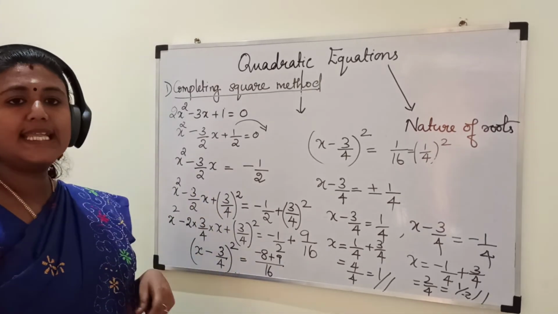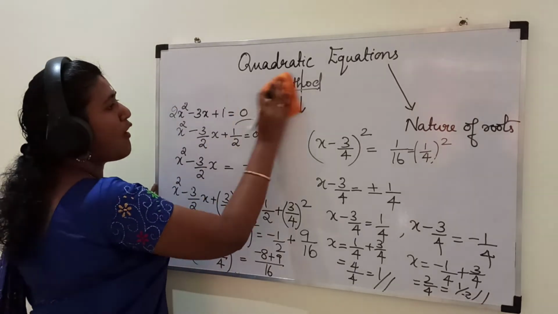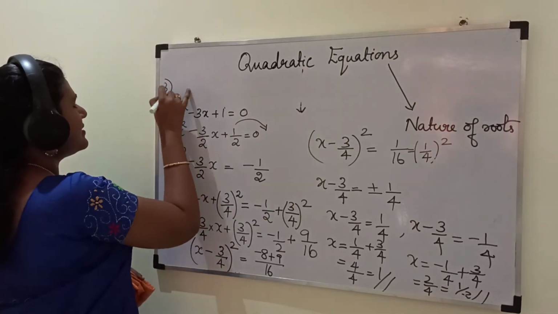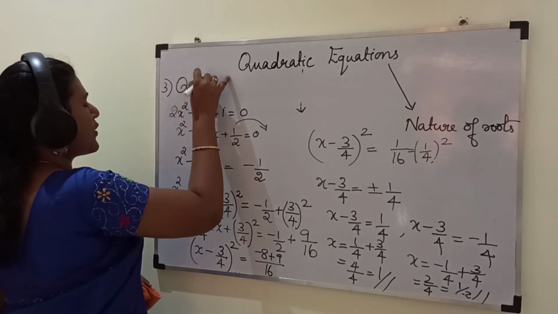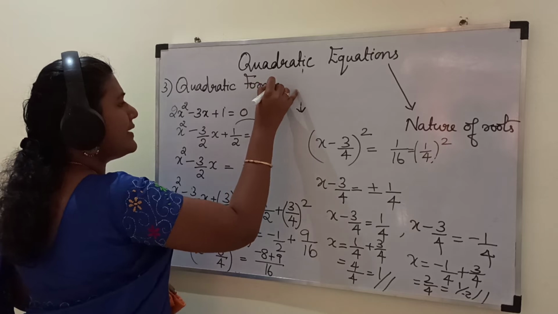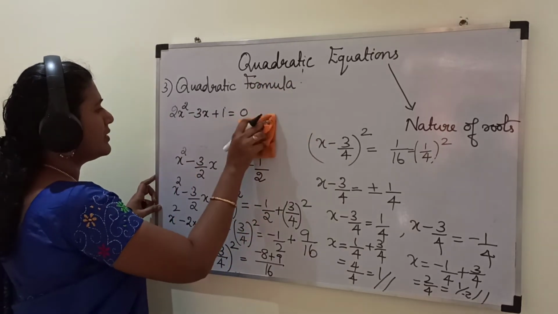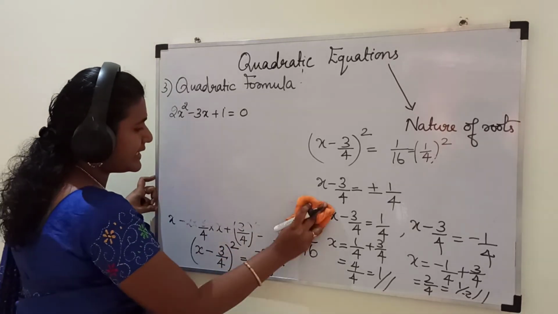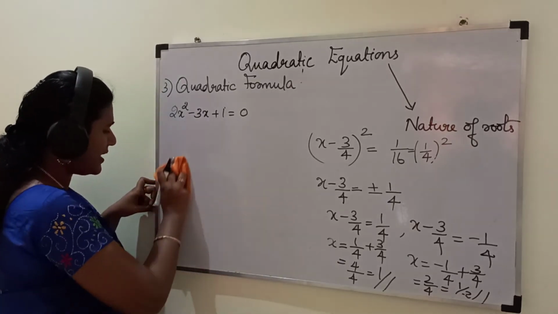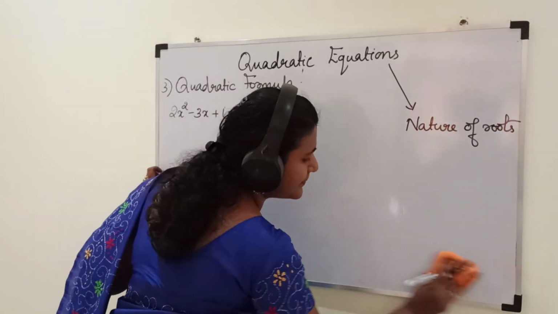Next we will see the third method, that is using the quadratic formula. We will consider the same equation. First you should know the quadratic formula. What is the formula for finding the roots of the quadratic equation?